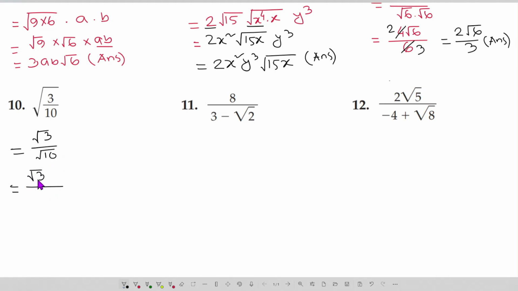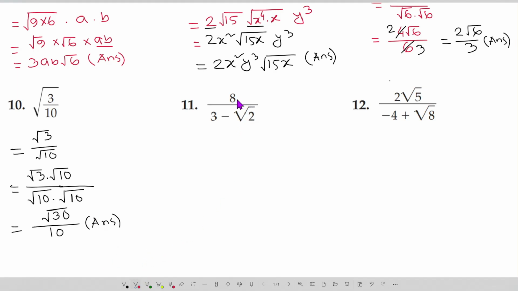So root 3 times root 10 divided by root 10 times root 10. Now this root 10 times root 10 becomes 10, and root 3 times root 10 will be root 30. This is our answer.